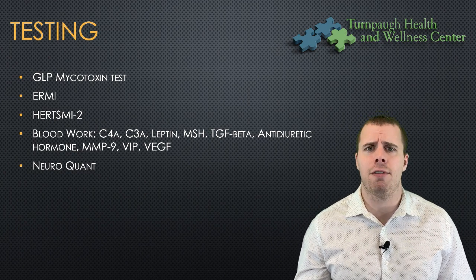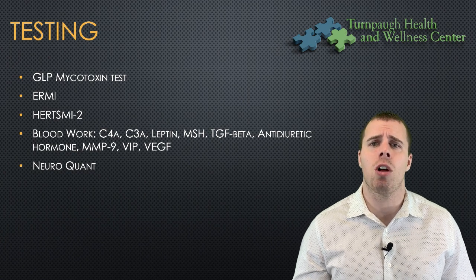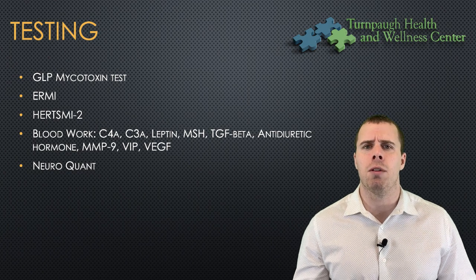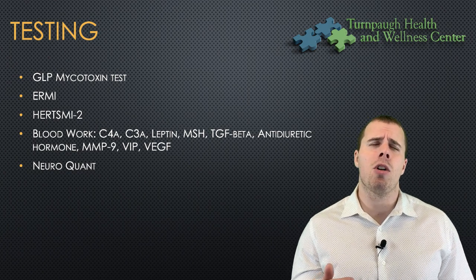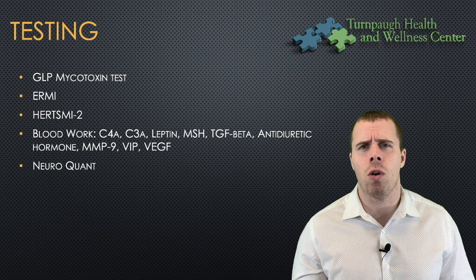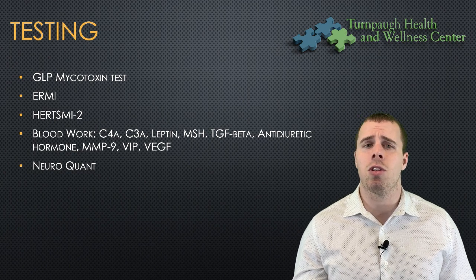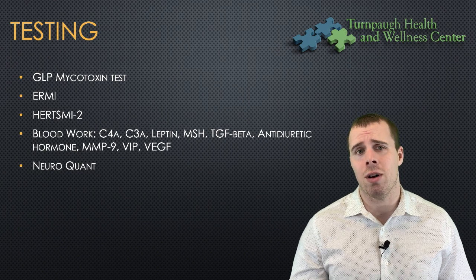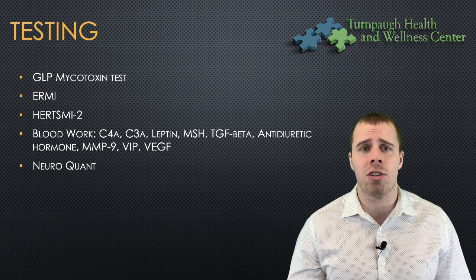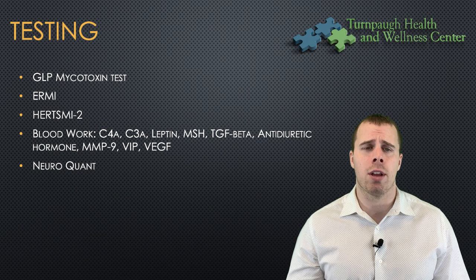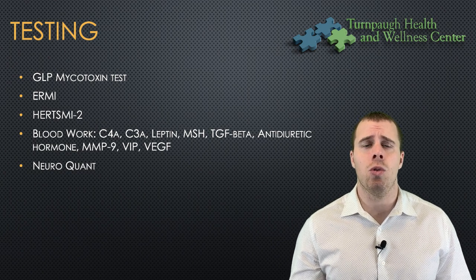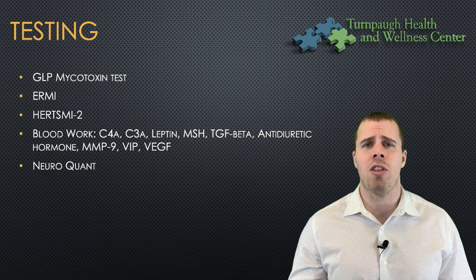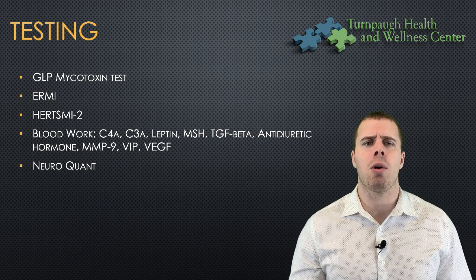You'll see VEGF go down, MMP9 will start to go down, and your TGF-beta will start to come up because, again, we're in more inflammation. Another test is a NeuroQuant. This is an MRI that hasn't been solidified, but has been showing some legitimacy in evaluating mold exposure. But I would definitely do the earlier mentioned tests rather than the latter in the process of testing.